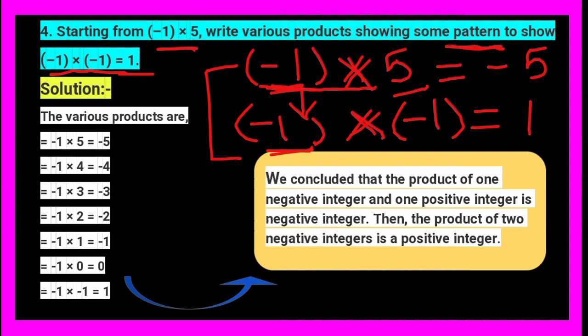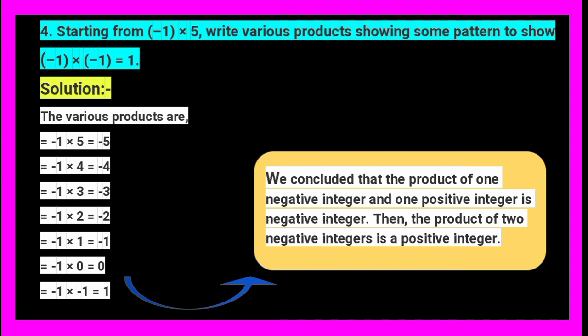So we will take 5, then 4, then 3, then 2, then 1, then 0, up to minus 1 in the multiplication. So we will change this number, and according to this change, the product will also change, right?